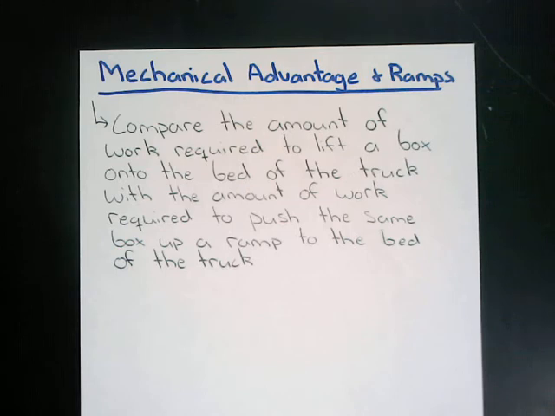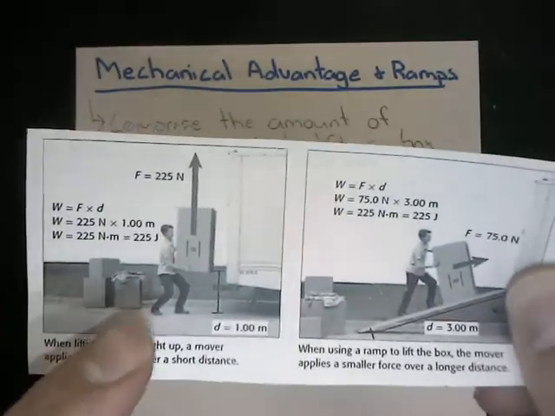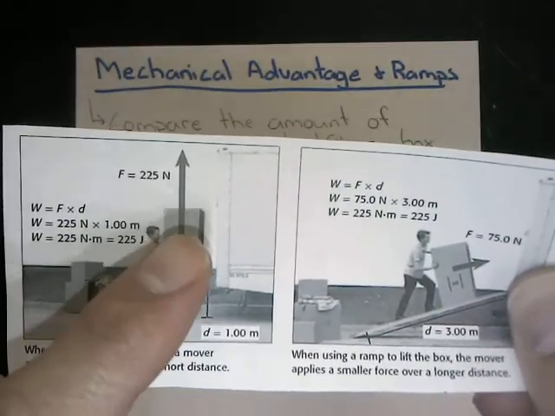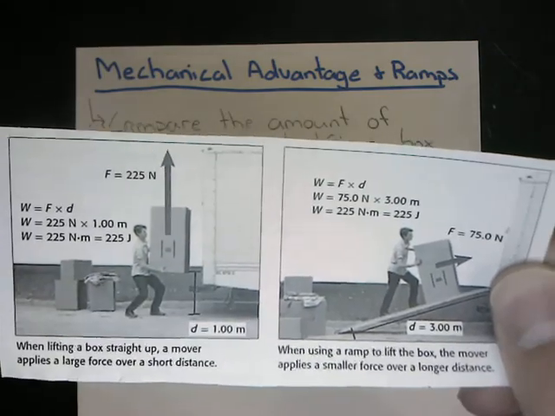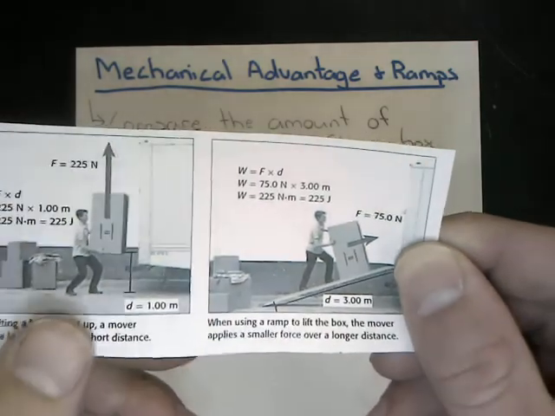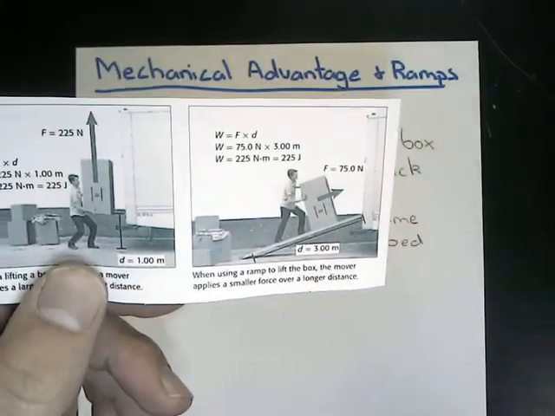Let's say you're moving and you can either lift this box up to the bed of this moving truck, or you can use that nice ramp and slide it up.